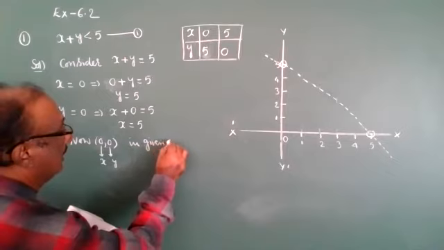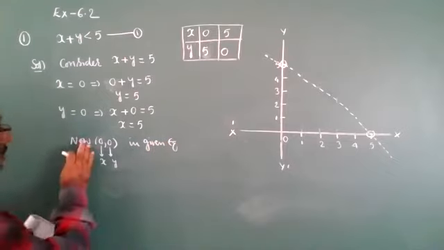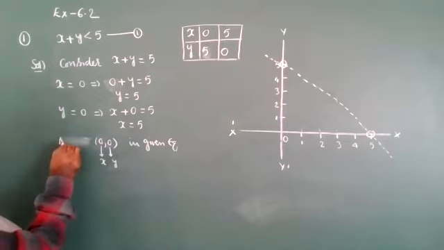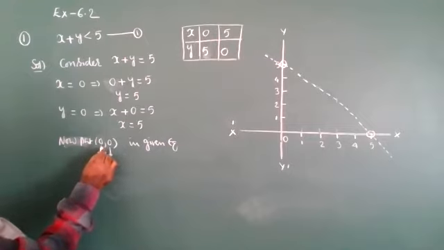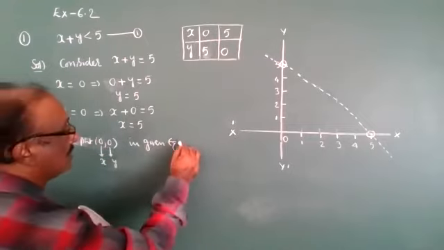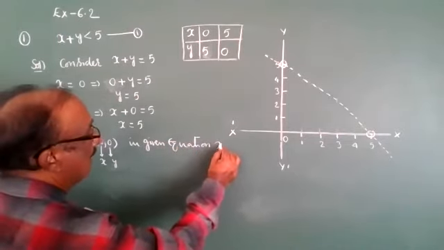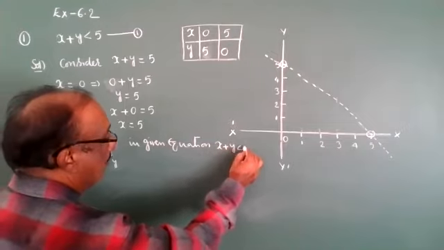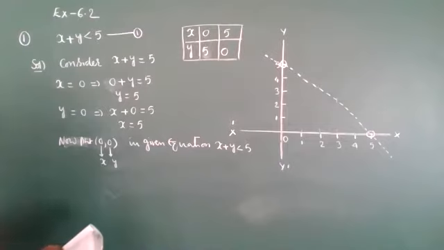So now put 0 0 in the given equation. What is the given equation? X plus y less than 5.